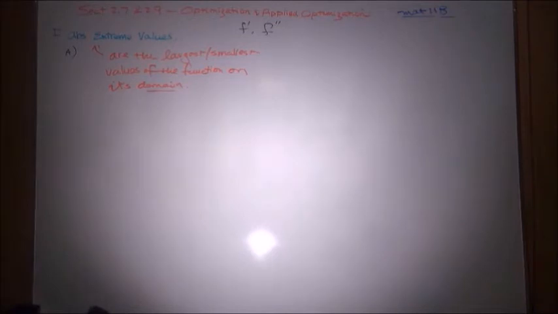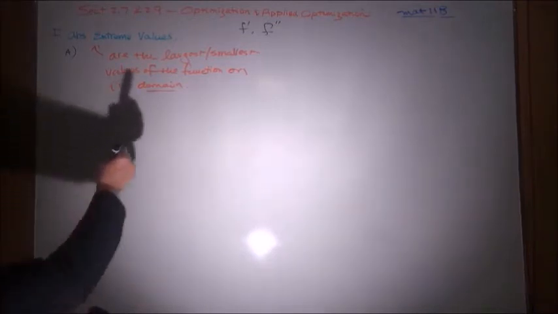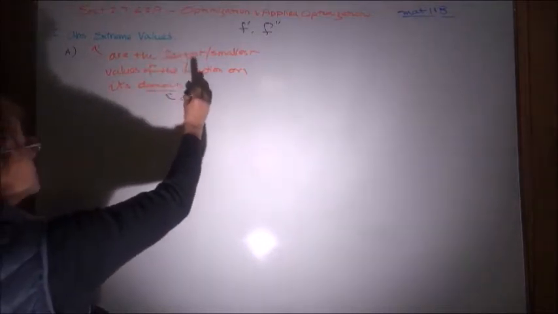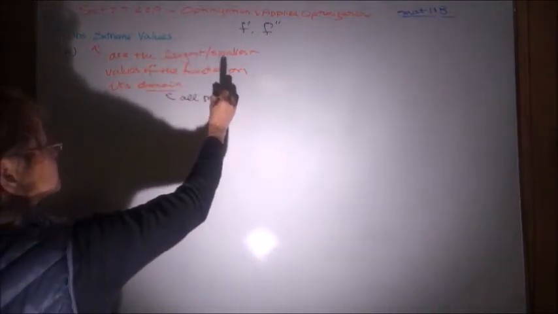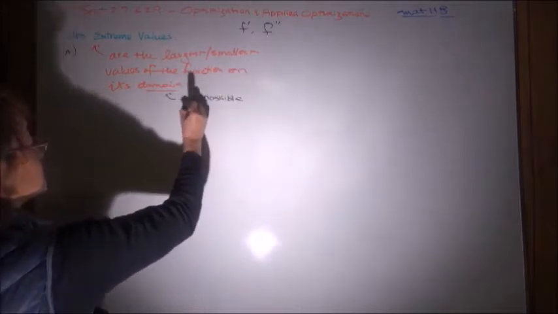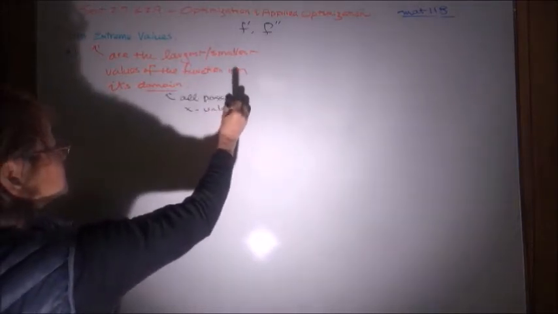So what does domain mean? Domain means all possible x values. That means the domain you are working on, okay, from year 5 to year 10, or you are working from year 0 to year 10.